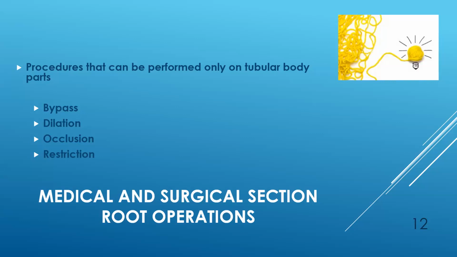Like I said at the beginning, breaking it out by these categories of root operations really makes learning PCS easier. And the way to learn PCS, of course, you can't memorize a code set, but it is good to memorize the definitions of the root operations. That's really where it all begins.